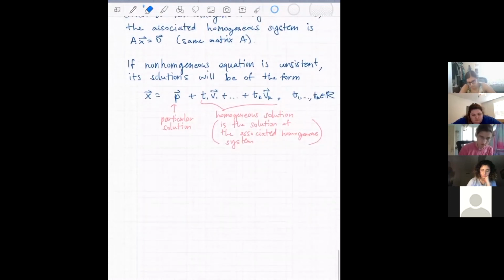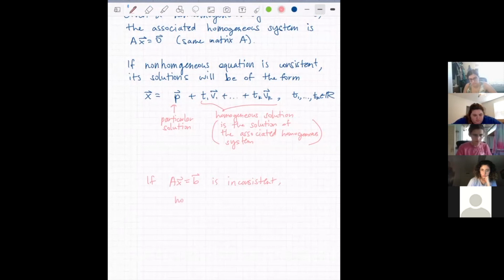So if AX equals B is inconsistent, that will mean there's no particular solution. I'll just write it this way. Means no particular solution.